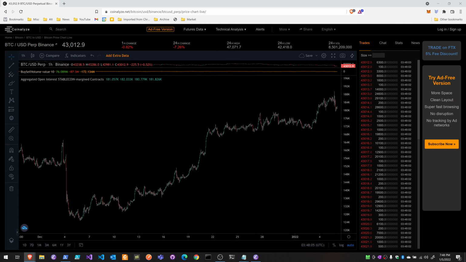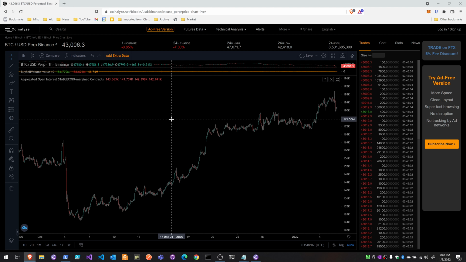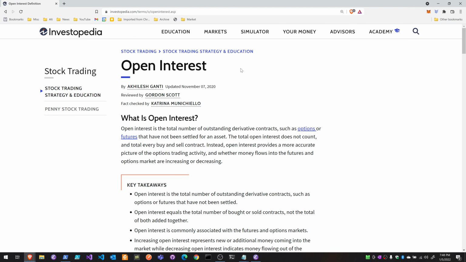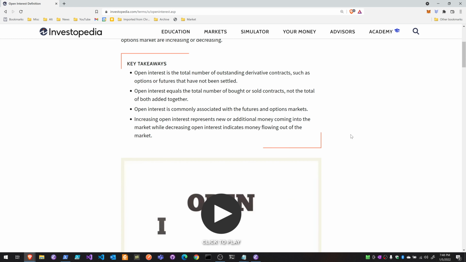Now, if you want to get into what this data means, how it plays a role in being an indicator, you're going to have to start doing some reading and research. If you're a beginner trying to understand what open interest is, I really recommend you Google open interest. You're going to see this article from Investopedia, and it does a pretty good job.